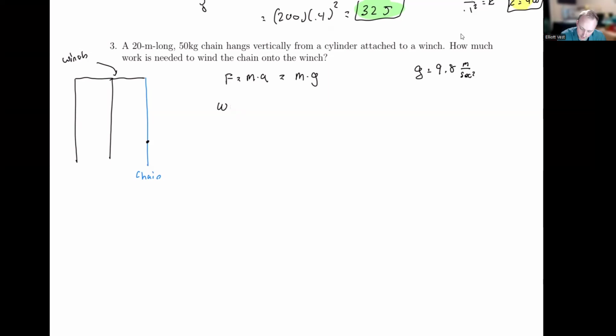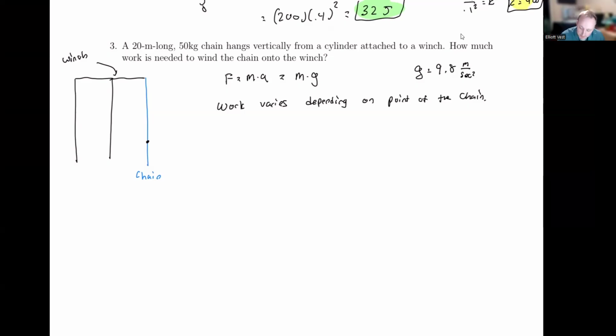So I'm going to say work varies depending on point of the chain. So what could the strategy be?